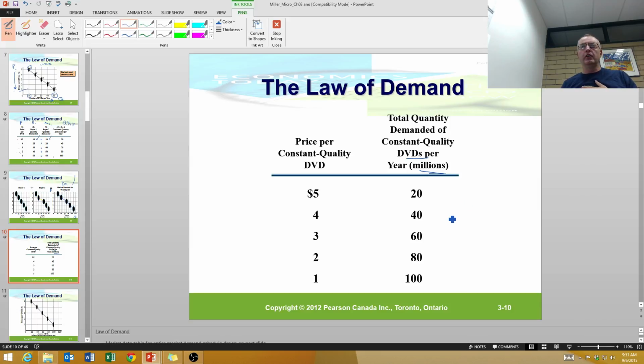And so in our table of data here for the market as a whole, here's our price schedule, 5, 4, 3, 2, 1, and here's our total quantity demanded at those prices by the market as a whole. Our units are in millions of units as opposed to just tens or hundreds of units that we saw in the individual markets.